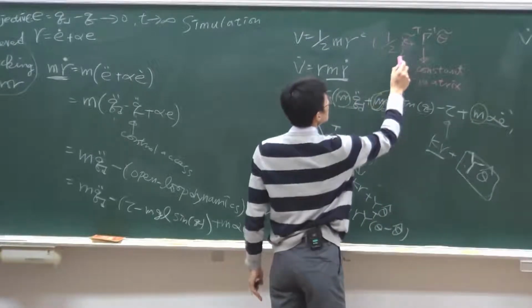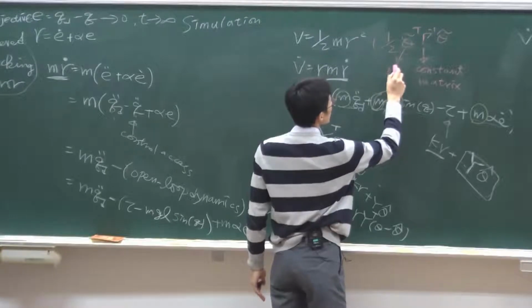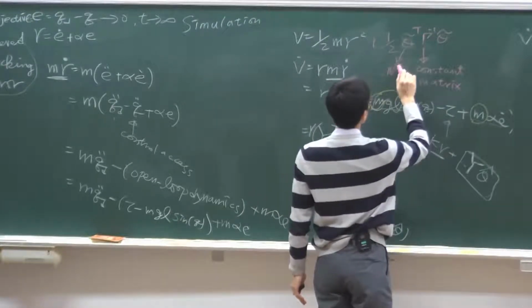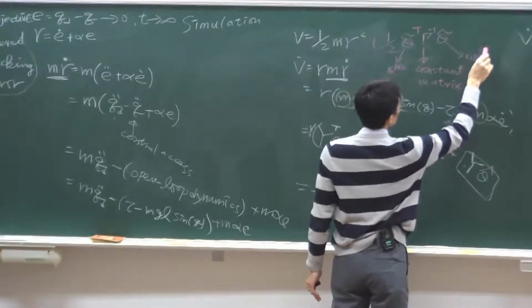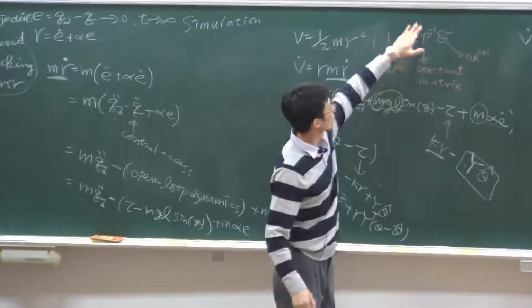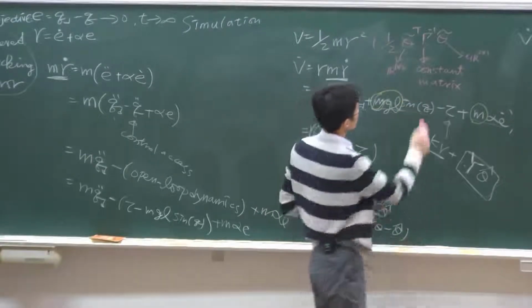Okay, and this is a column vector, and this is a row vector, because it's the transpose. This is a 2 by 2 matrix.